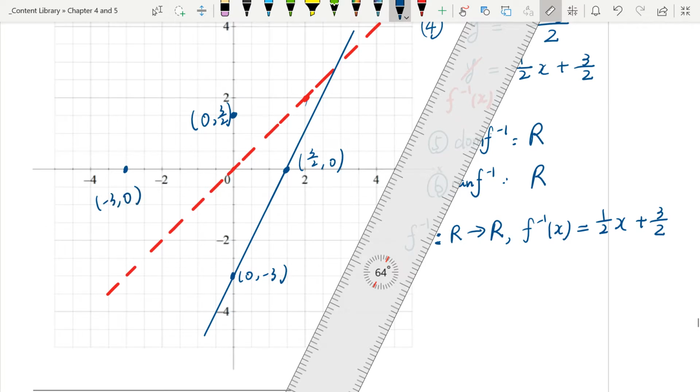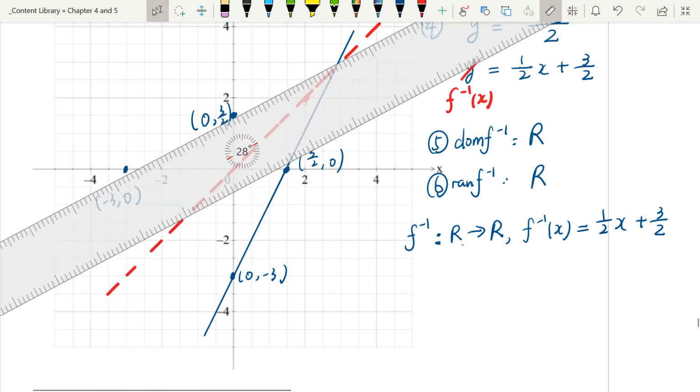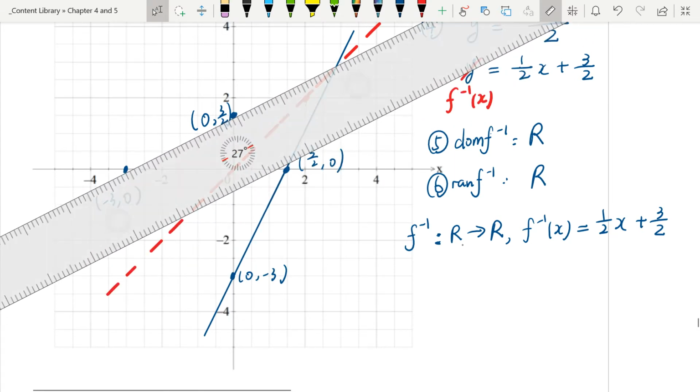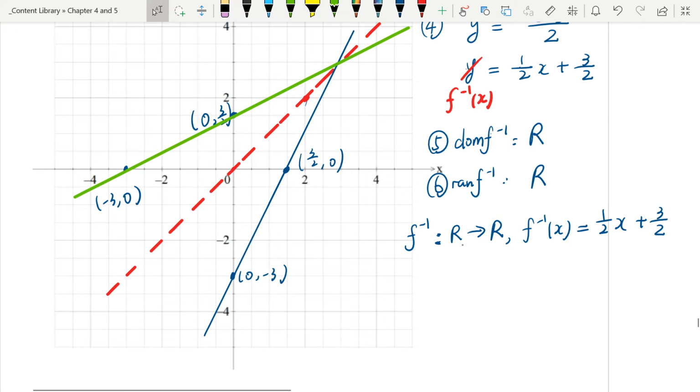Okay, so that will be the point. Okay, this is the line.